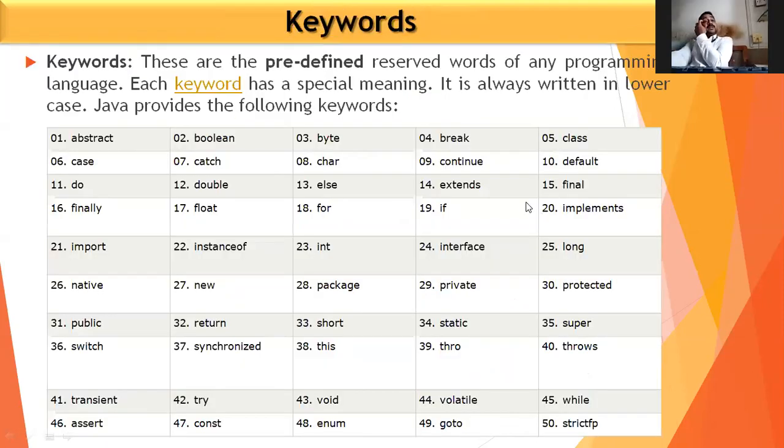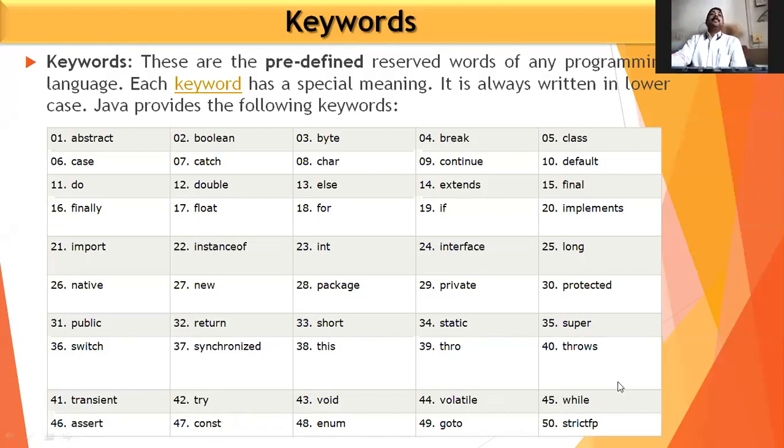And there are 50 keywords. We know that abstract is a keyword, catch is a keyword, final is a keyword, extends is a keyword, finally is a keyword, implements, import, instanceof, interface, native, new, package, private, protected, public, then super, synchronized, this, throw, throws, transient, then try, then assert, const, enum, and strictfp.